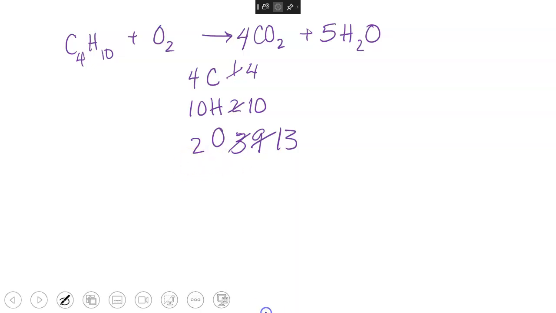Oh no, that math doesn't work. 2 doesn't go into 13. Well, great news is that 13 over 2, we're saying divide this in half, and then we have 13 oxygen.